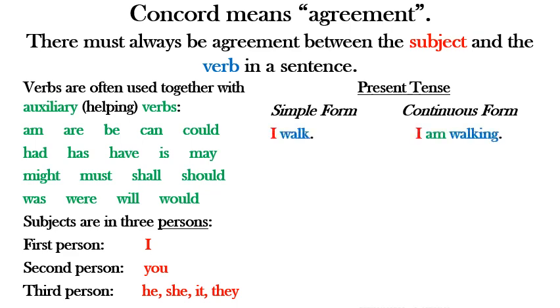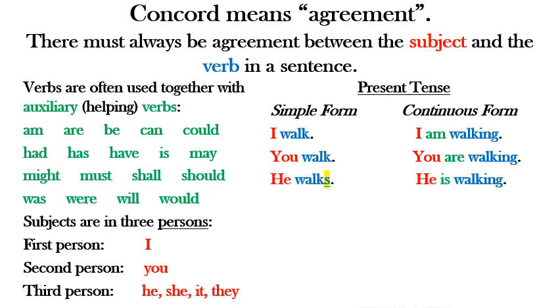We'll take the most simple sentence that I could think of, and in the simple form it's I walk, and the continuous form I am walking. You can see the difference for yourself. I'm not going to give you fancy definitions. Then you've got in now the second person, you walk and you are walking. And third person, he walks or he is walking.